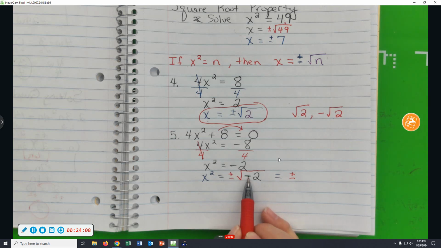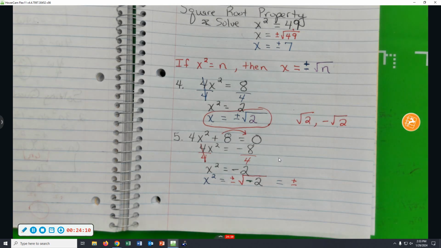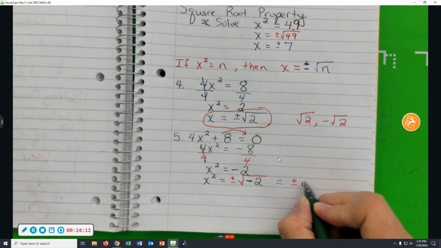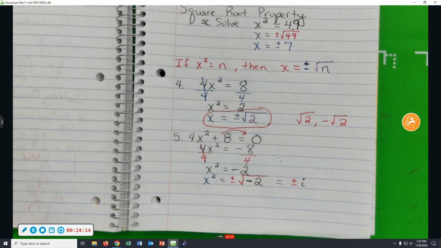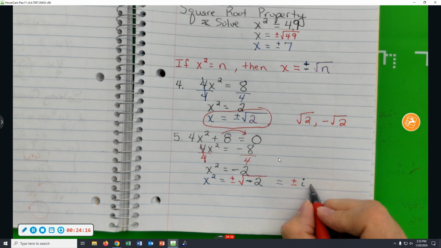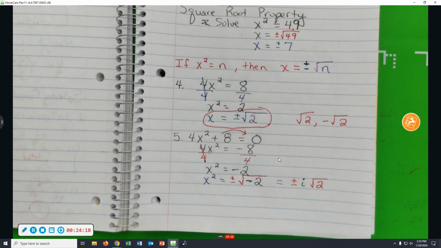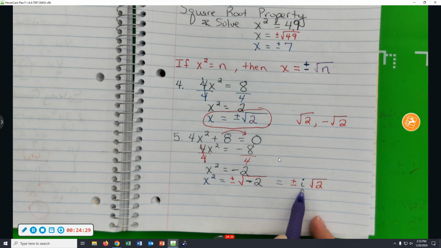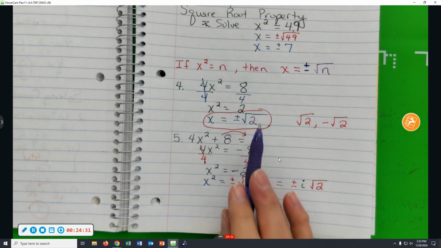To get rid of this green negative under the square root, I'm going to put a green I and then square root of 2. You'll see why, even though it looks like number 4, is it clear why there's an I down here on this one and not over here?